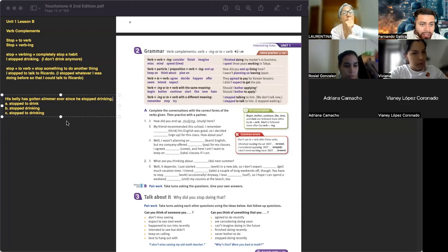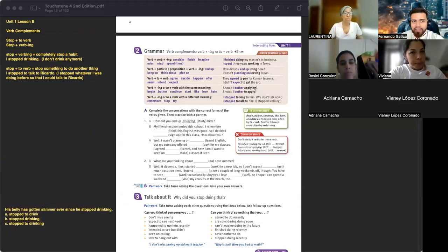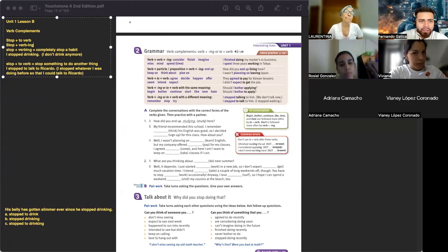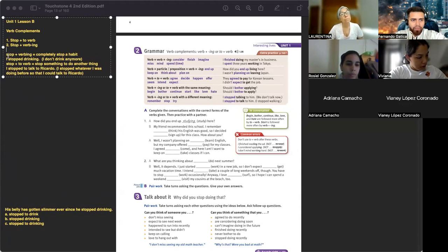Okay, that's one type of question that's going to come on the test. You need to know the difference between stop verb ing and stop to verb. Another one that's really important is this.